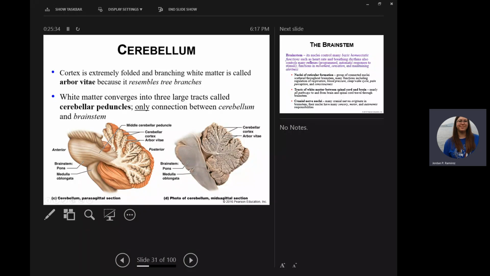White matter converges into three large tracts called cerebellar peduncles: 1, 2, and 3. This is the only connection between the cerebellum and the brainstem.